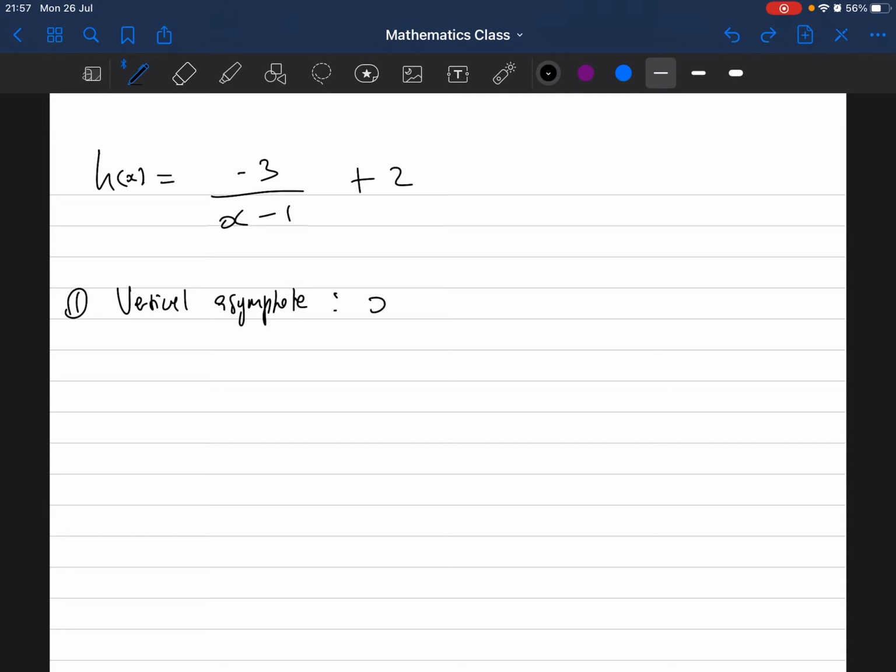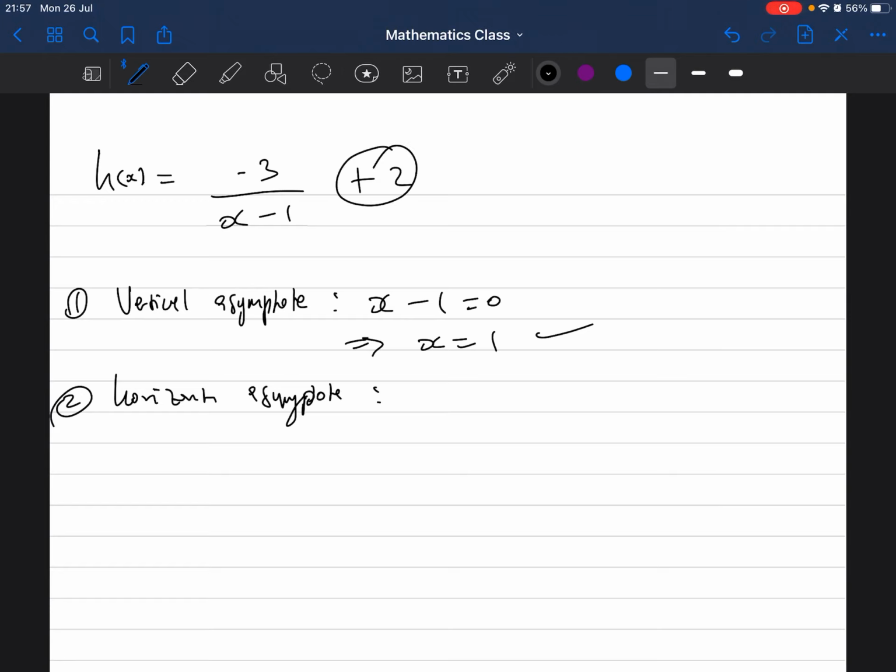So vertical asymptote will be x minus 1 equal to 0. So this will give you x equal to 1. That's your vertical asymptote. Horizontal asymptote is this thing here, which is y equal to 2.